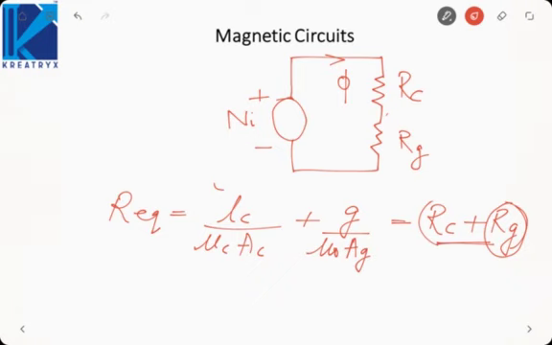And since F is equal to phi into R equivalent, if we assume constant flux, then increase in reluctance will cause increase in MMF, which in turn causes increase in current. That means in the machines, if we increase the air gap, the reluctance of the magnetic path increases, which causes an increase in the current for the constant flux.